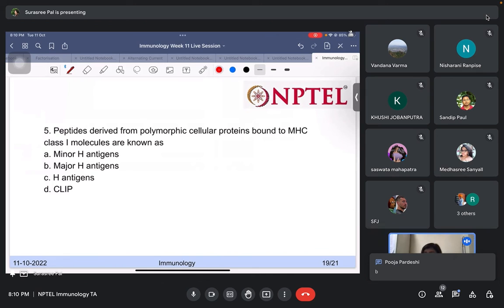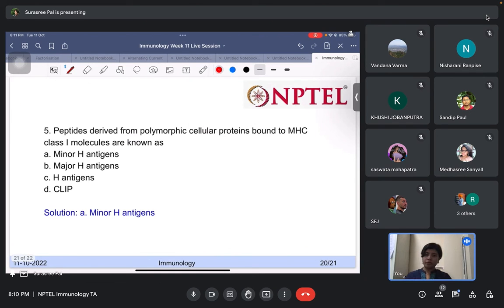The correct answer is the minor H antigens, the polymorphic cellular proteins which cause several problems in the transplantation process. That is the minor H antigens.